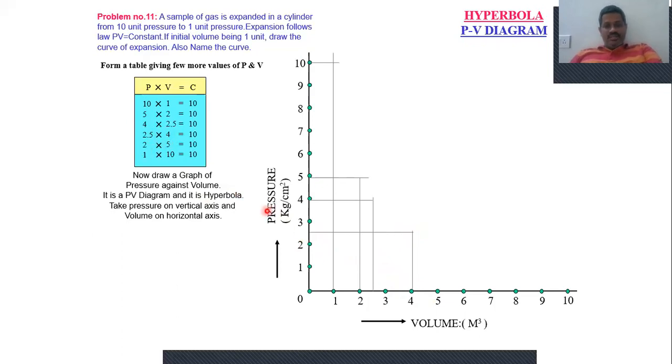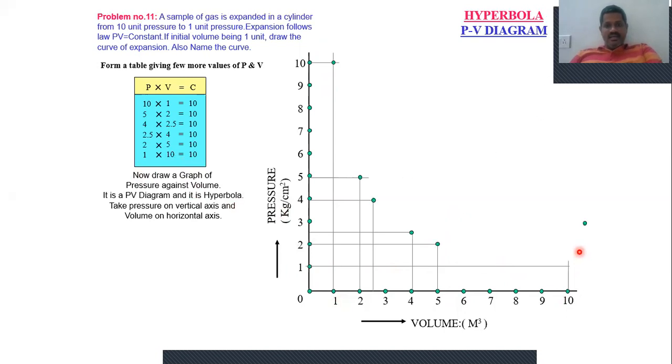Then the pressure is 2, and exactly from here draw a horizontal line, and the volume is 5 and from here you draw a vertical line, you will get an intersection point. Then the pressure is 1, and from here you draw a horizontal line, then the volume is 10 and from here you drop a vertical line, and these two intersect at this point. Locate these points like this.